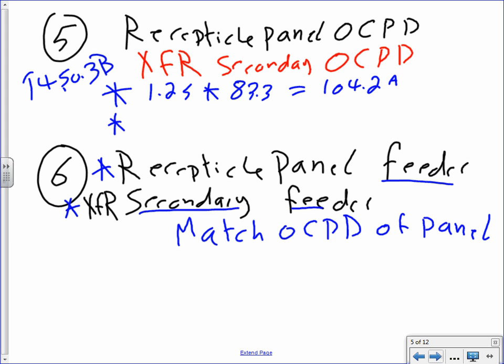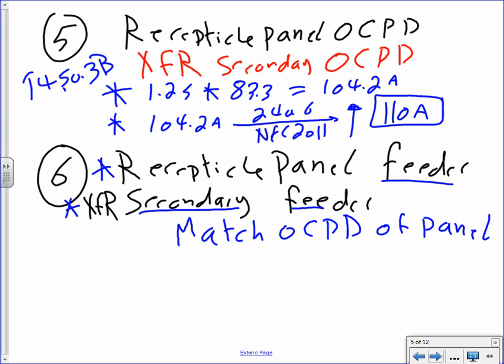Take this 104.2 amps this time to 240.6, and you see it in the 2011. If you take it there and go to the next standard, what's the next standard? 110 amp.